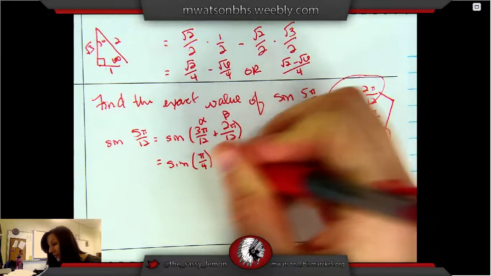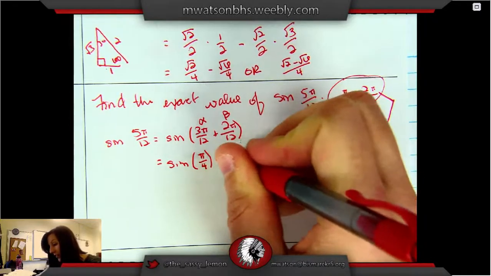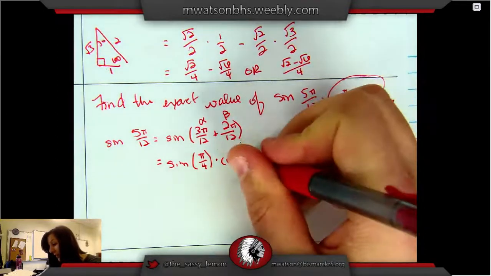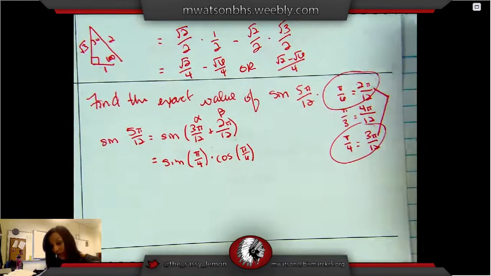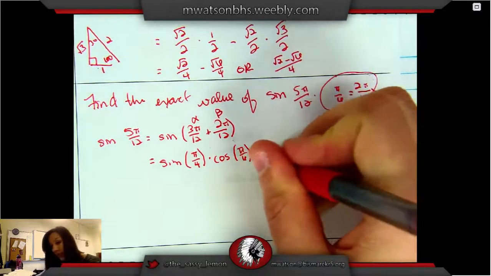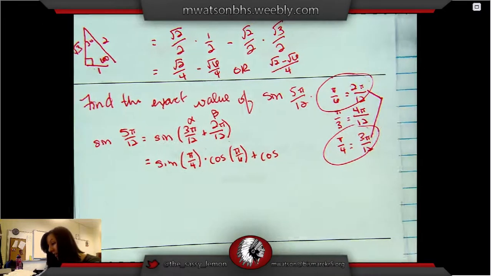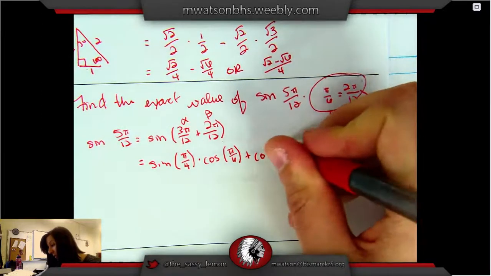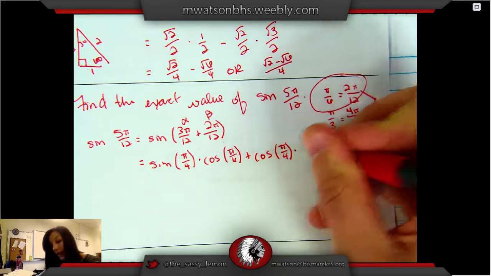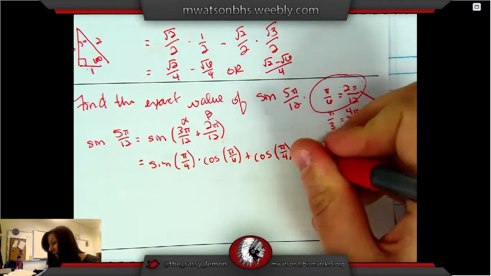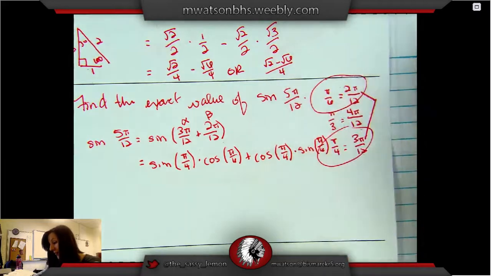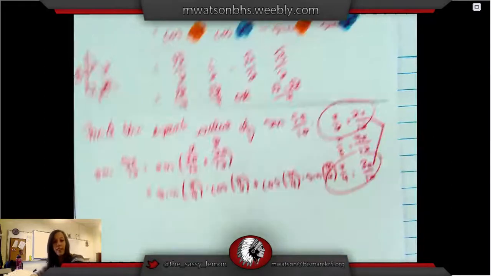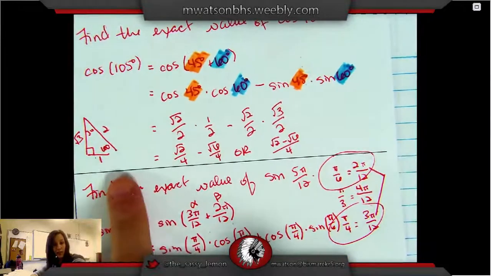Then we have times cosine of beta, which is 2 pi over 12. I'm going to rewrite that as pi over 6. Then we've got plus cosine of alpha, so cosine of pi over 4, times sine of beta, and beta is pi over 6.